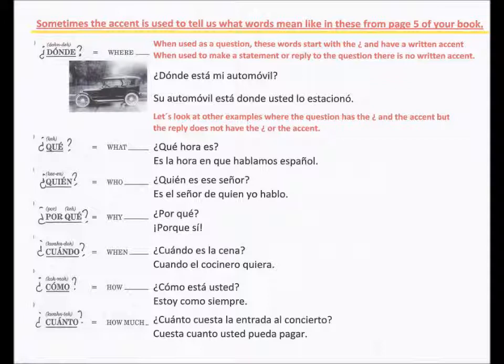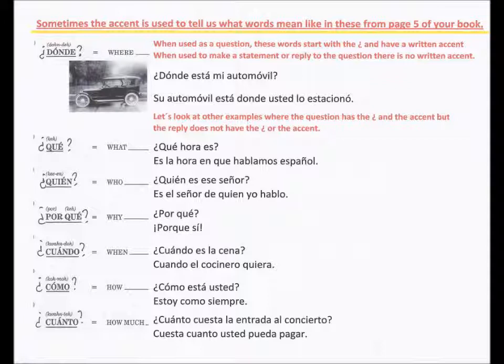The first one would be, ¿Dónde está mi automóvil? Meaning, where is my car? The reply was, Su automóvil está donde usted lo estacionó. Your car is where you parked it. Notice that that second donde does not have an accent. Donde has an accent when it's a question, not when it's an answer.